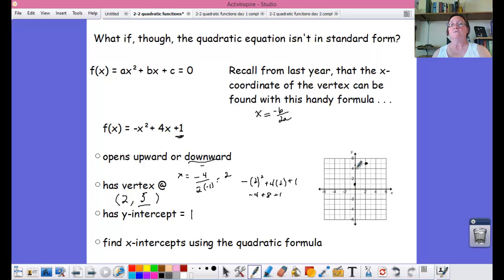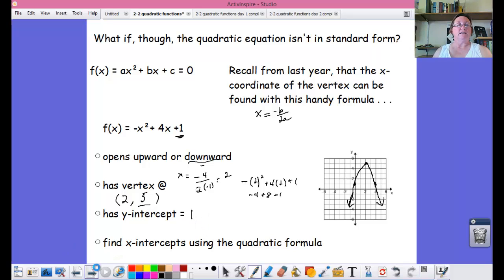Again, we're 2 away from the vertex, so if we come here, we got to hit at 1 right there as well. Now, there's no reason why we couldn't find those x-intercepts, but if what we're looking for is a pretty accurate graph, we've got one right now.